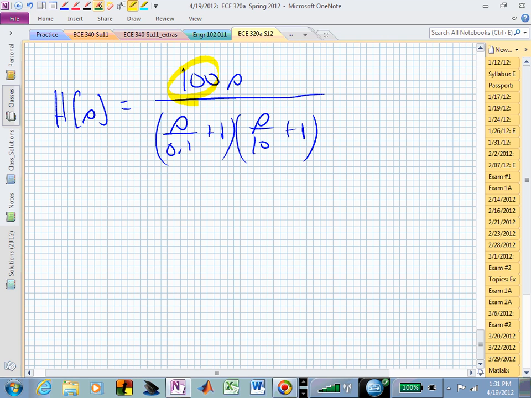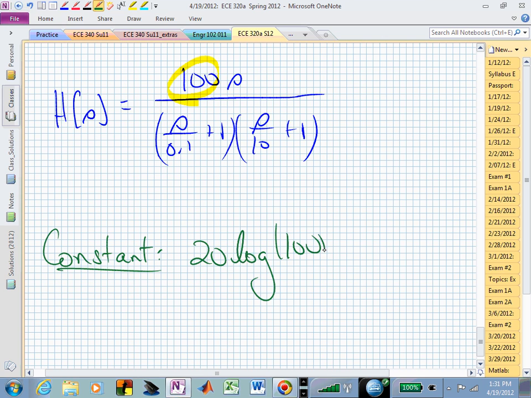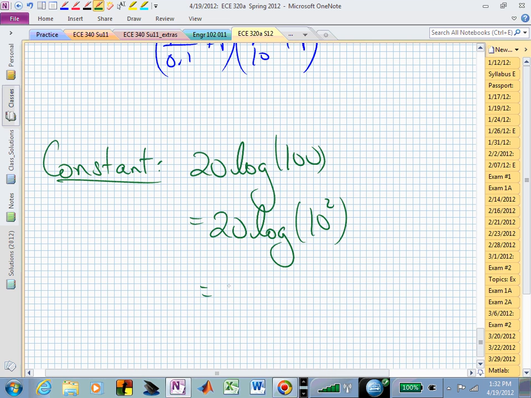And so your constant term will give you 20 log of 100, which is 20 log of 10 squared, which is 2 times 20 log of 10, or 40 dB.